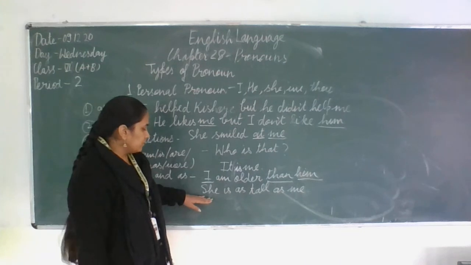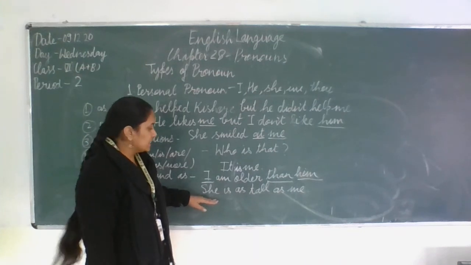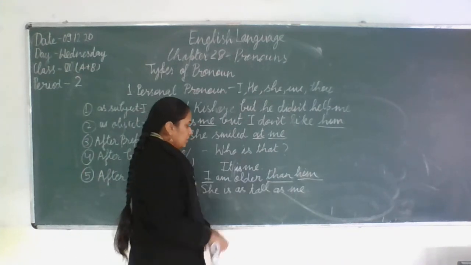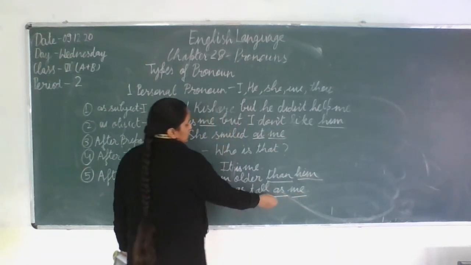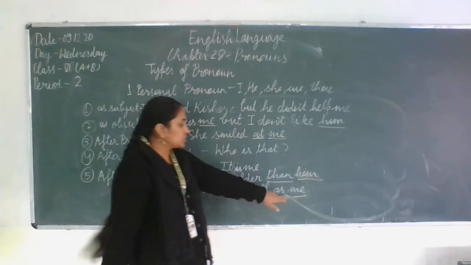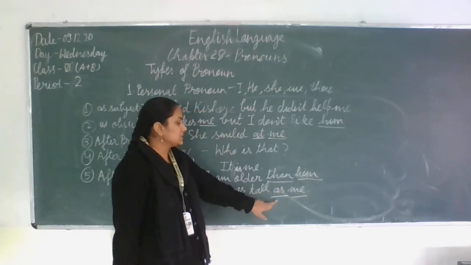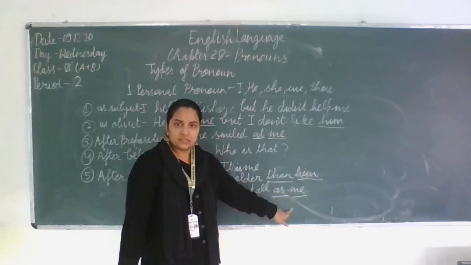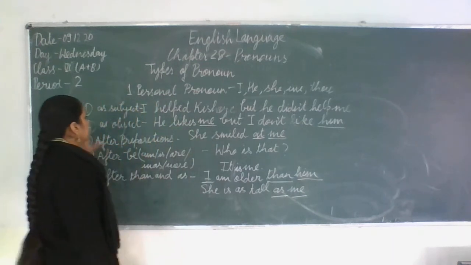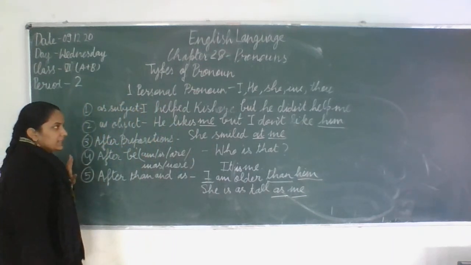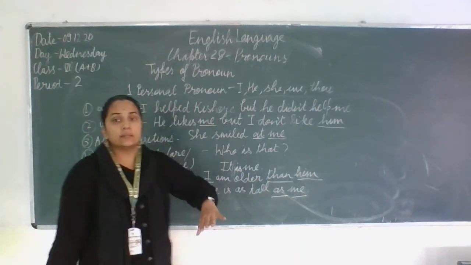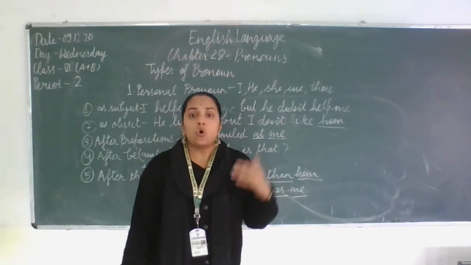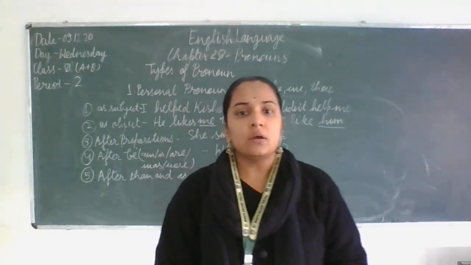So we can write it in this way: She is as tall as me. So here this is the object pronoun and we have used as. So this object pronoun is used just after the as. These are some of the examples in which we can use the personal pronoun either in the form of the subject or in the form of the object.